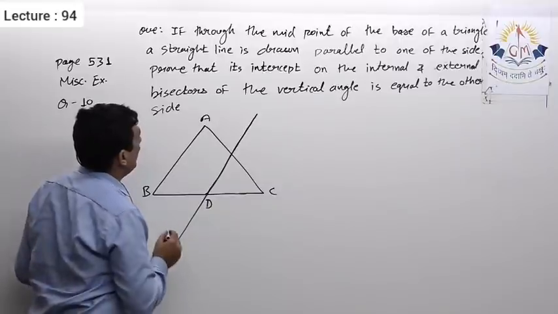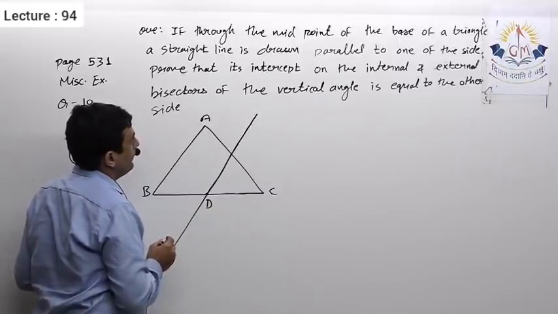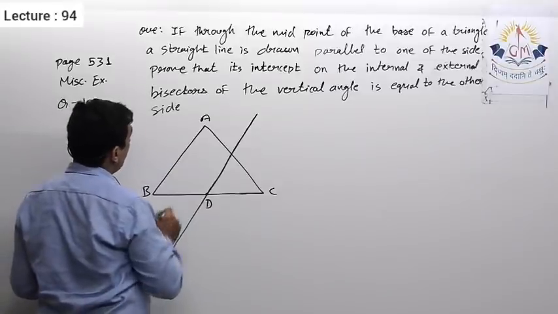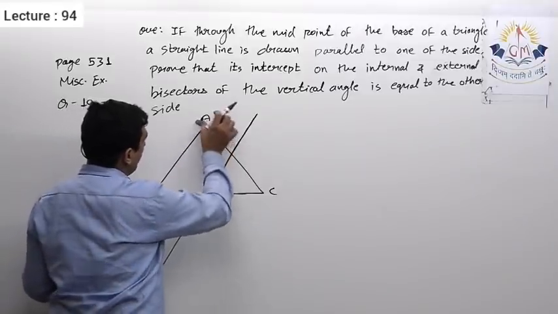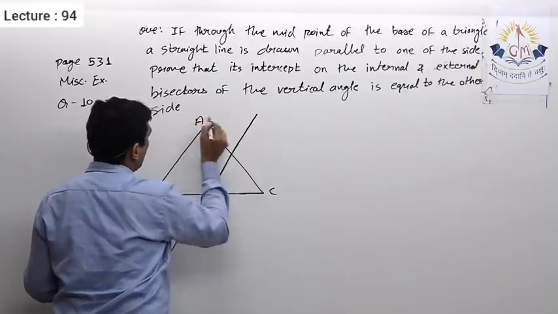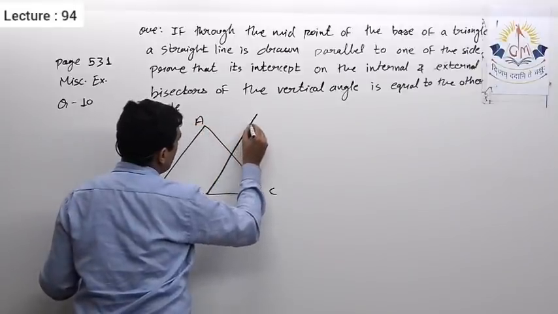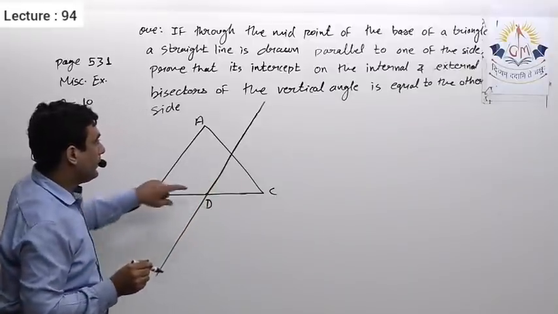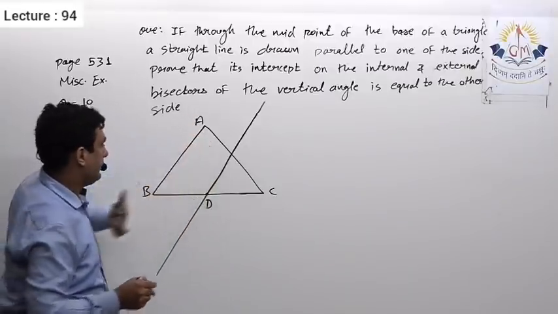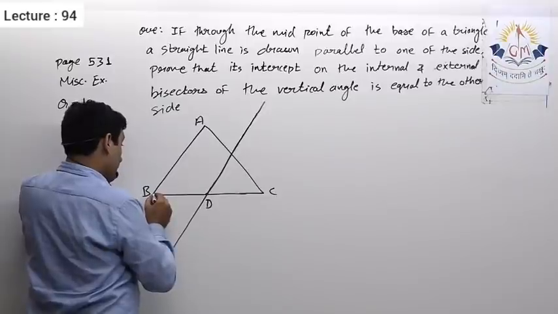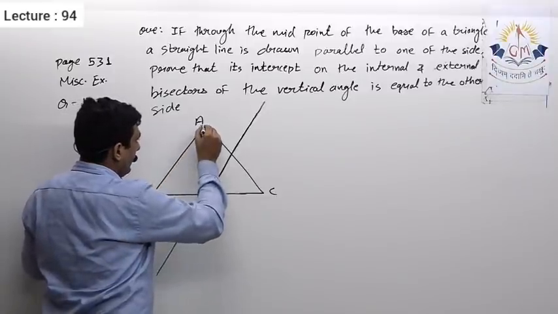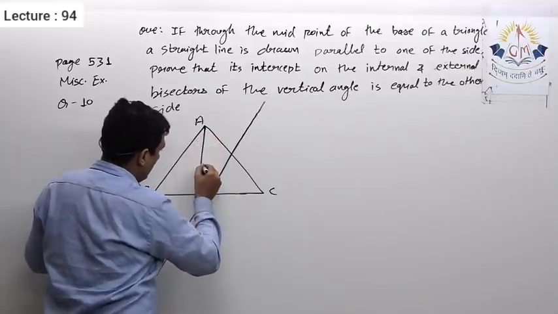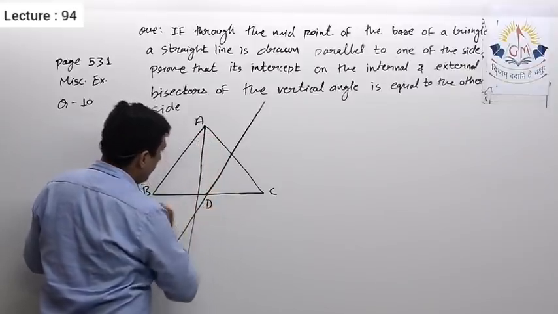If a straight line is drawn parallel to one of the sides, then what we have to prove is that the intercept of this line, intercept means the part of this line which is between the bisectors of the vertical angle, internal and external. So this is the vertical angle, so the bisector of the internal vertical angle, this is the point.